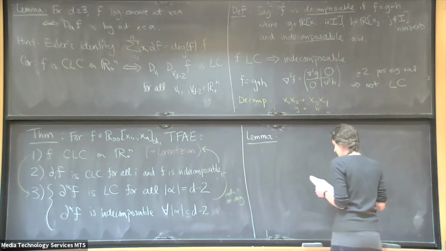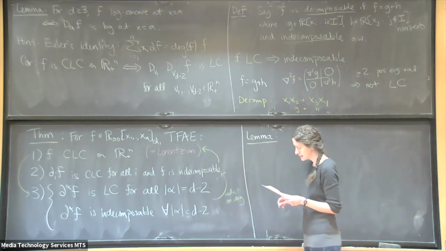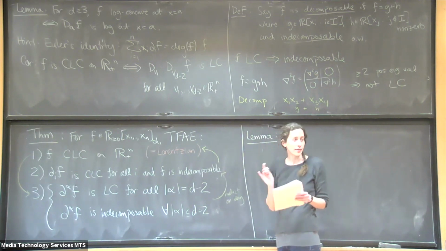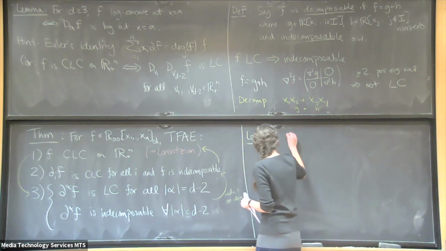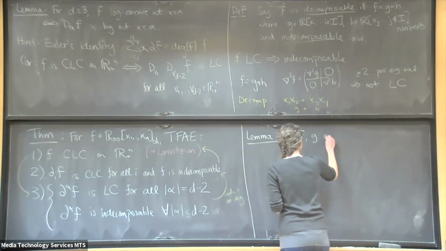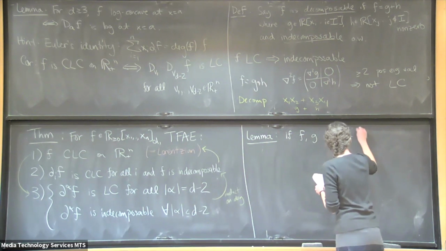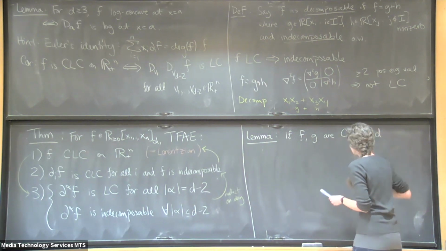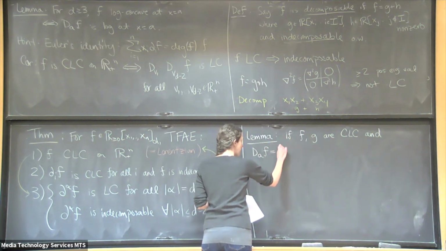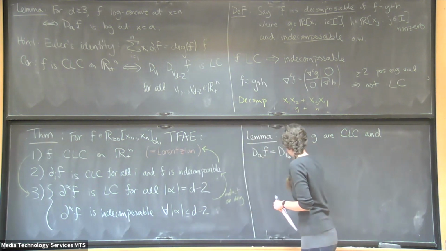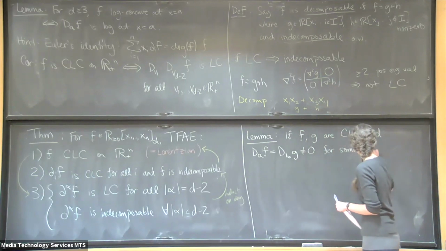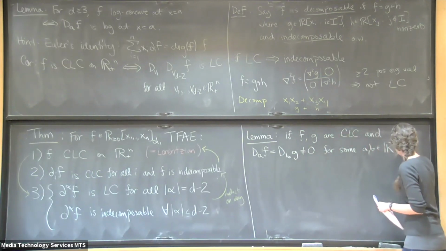Okay, so I need a quick lemma in order to do this. Is there a condition under which you can add two completely log-concave polynomials and get a completely log-concave one? So F and G are completely log-concave, and some directional derivative of F equals some possibly different directional derivative of G, non-zero, with non-negative vectors.